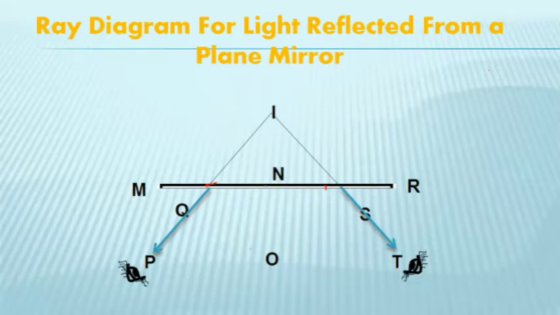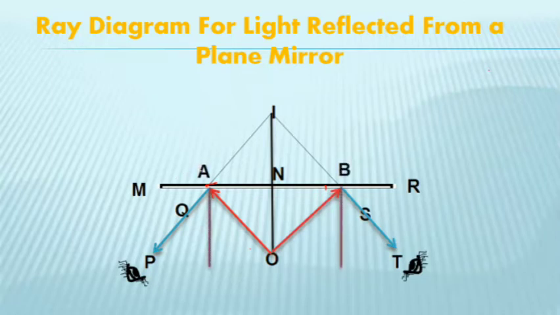This is the normal. We'll draw the normal here. The normal is in the center of the mirror. That is an imaginary line. Then we will join the point O, where we put object O, up to this line here, and again from O to this point here.